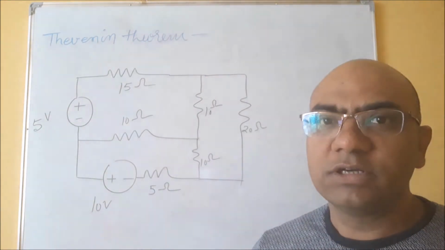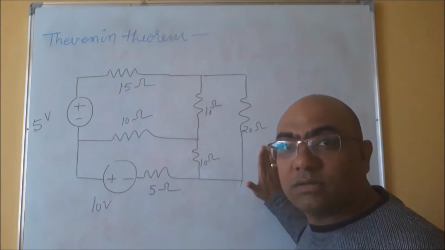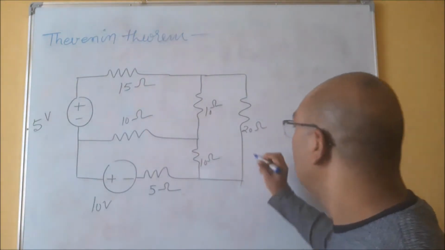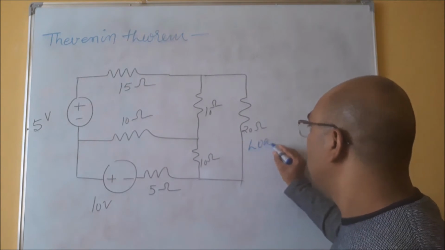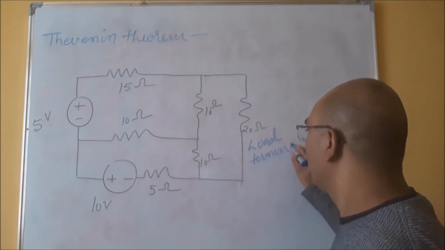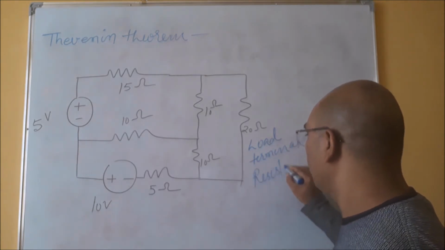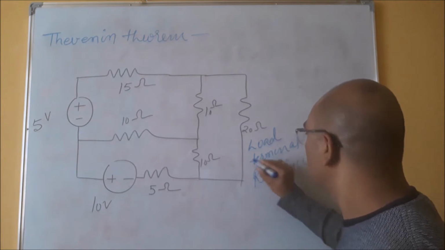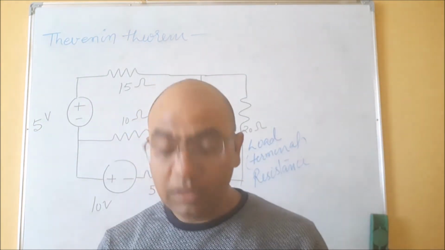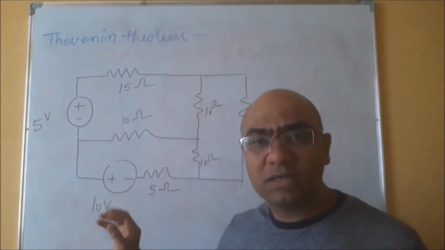So we can say this 20 ohm is a terminal resistance, or a load terminal or load resistance. We can choose any resistance as a load resistance.